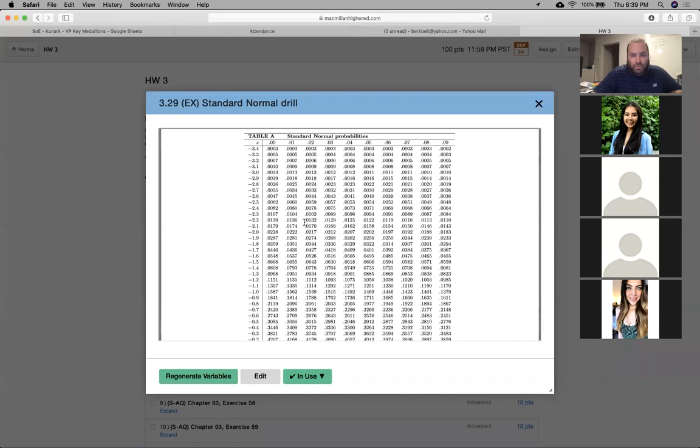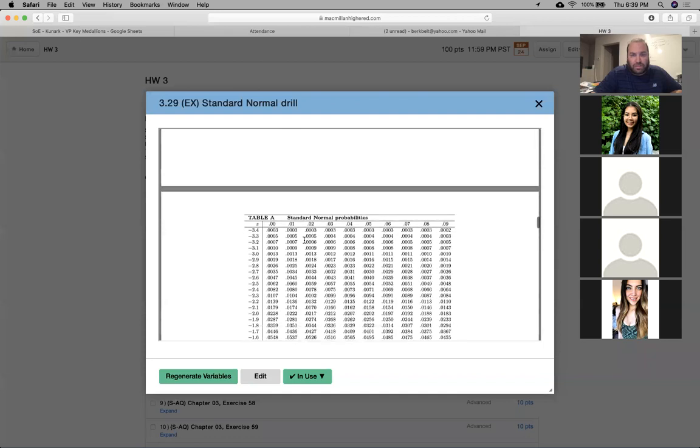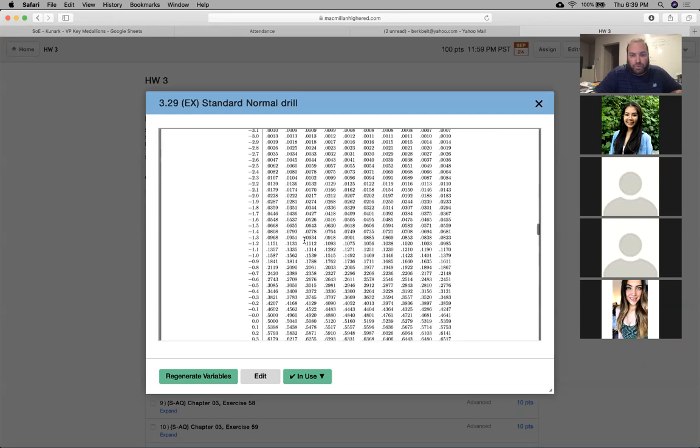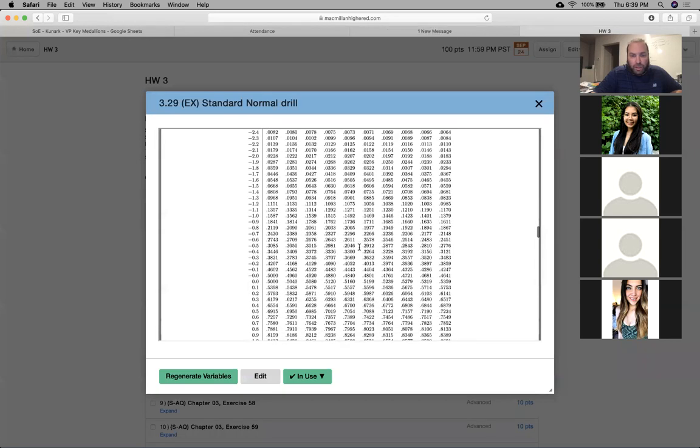and I want the proportion less than it to be 0.3, I just look for 0.3 in my table. And 0.3 is right between those two numbers. Do you agree? Yes. 0.2981 to 0.3015.